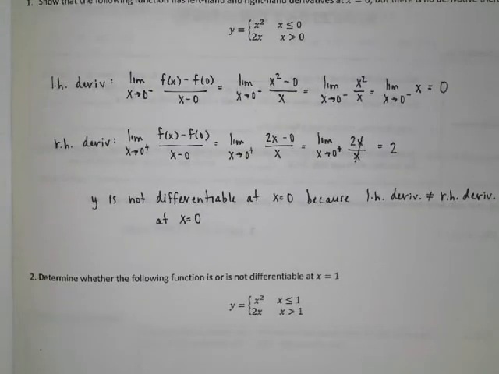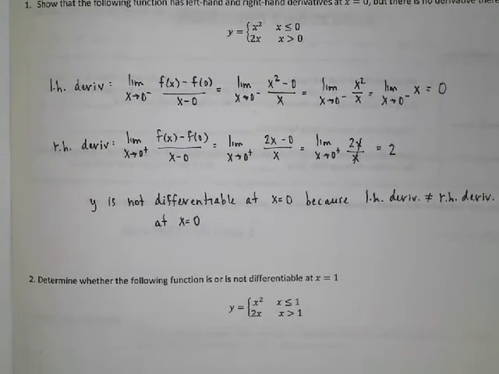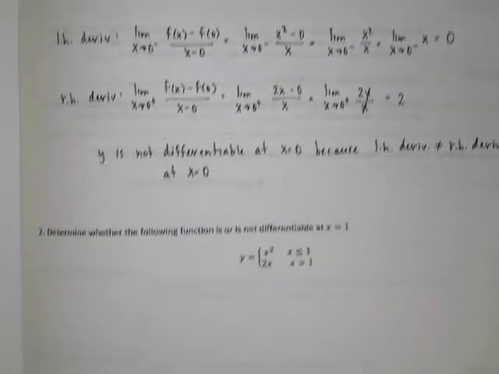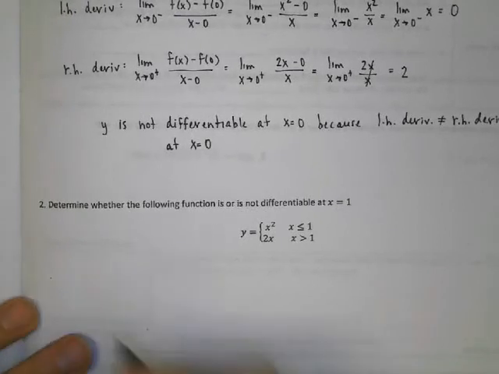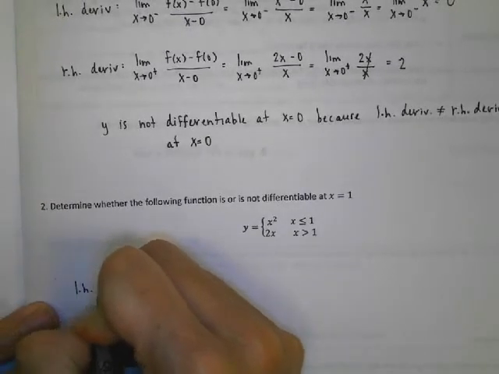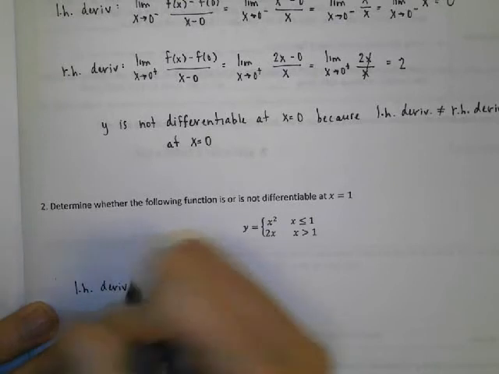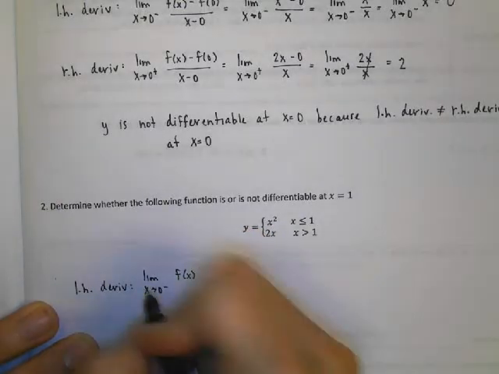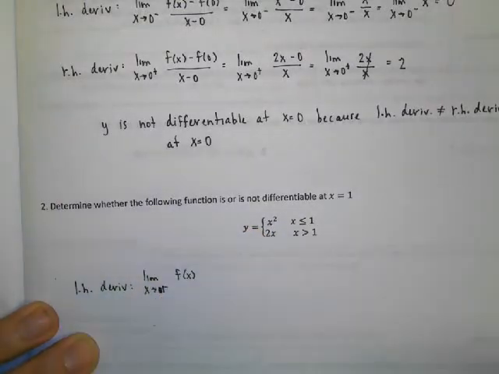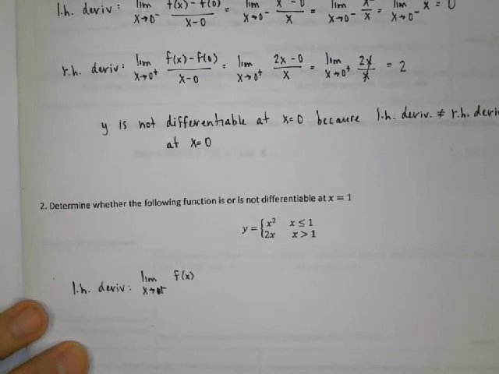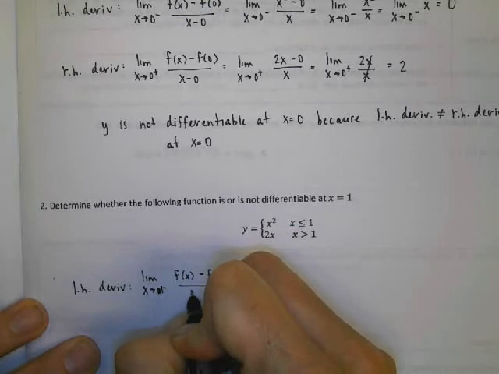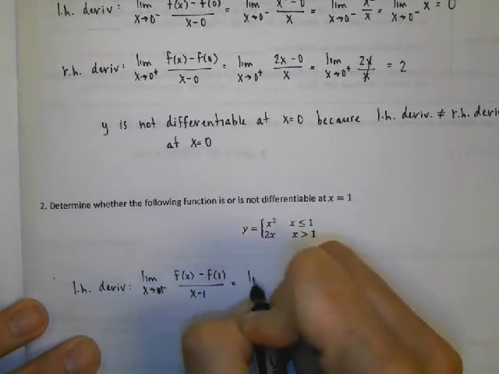So number 2, we would follow the same process. Now we're looking at whether we're differentiable or not at x equals 1. For my left-hand derivative, I'm going to check the limit as x approaches 1 from the left of f of x minus f of 1 over x minus 1.